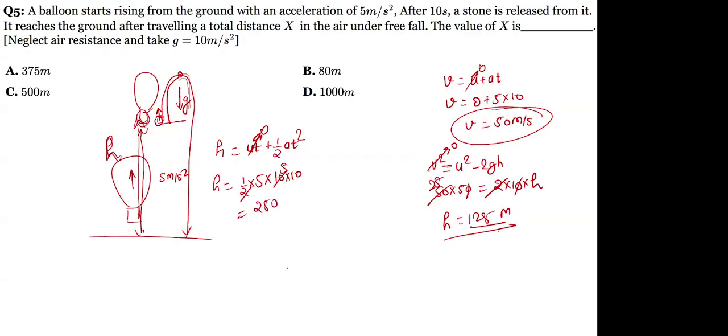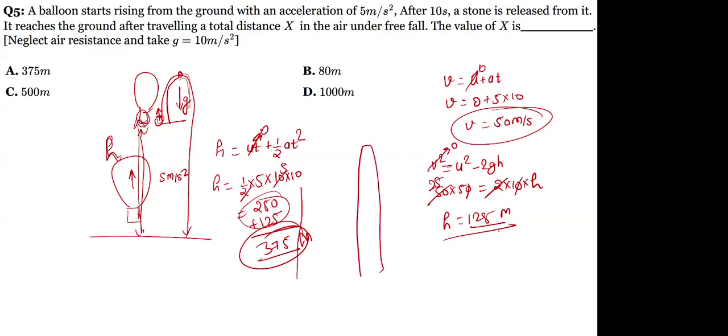So this ball has traveled 250 with the balloon and 125 with its own speed. So it is coming out as 375 meter. So when it goes up 375, obviously when it comes back, it always covers the same distance, 375.